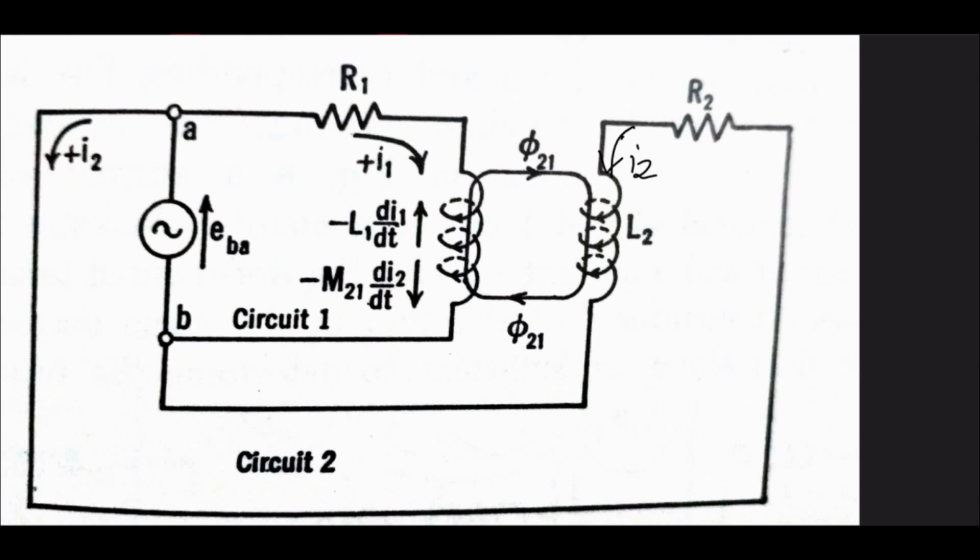So if you just alter the direction, that will change the direction of the magnetic field intensity, and if you change your H, then what will happen? It will obviously cause a change in your B. B is equal to mu H, right?